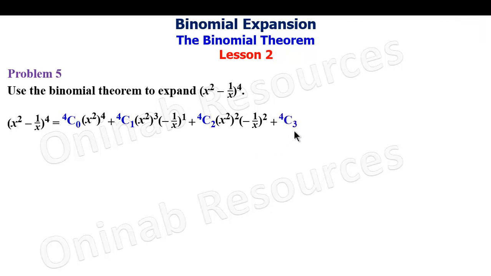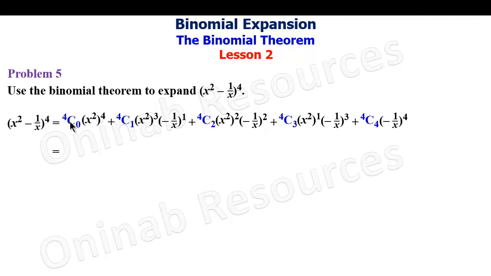Plus 4 combination 3, x squared to the power of 1. Then negative 1 over x raised to power 3. And the last term, which is 4 combination 4, this x squared will not appear there. So we now have negative 1 over x raised to power 4. That's the last term there.